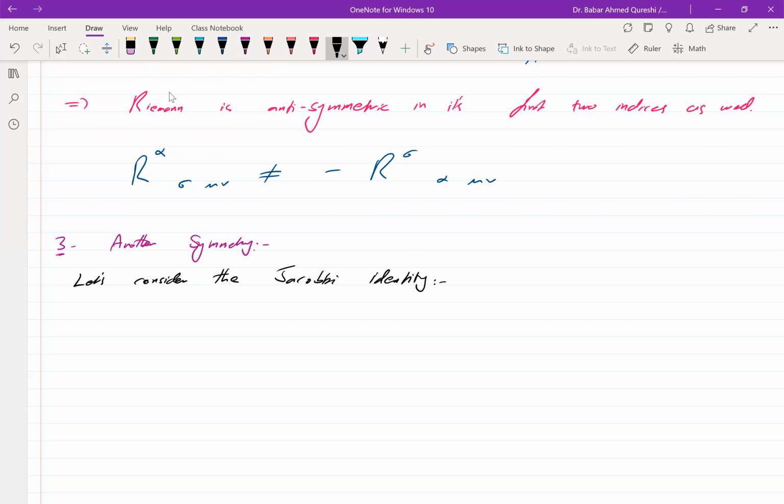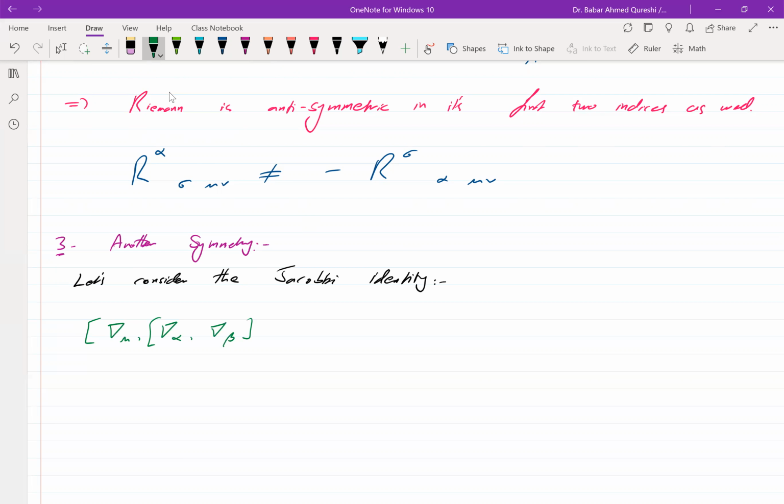So what's the Jacobi? Jacobi just says that if you take any operator whatsoever, it only depends on the very definition of the commutator. It has nothing to do with geometry or anything else.